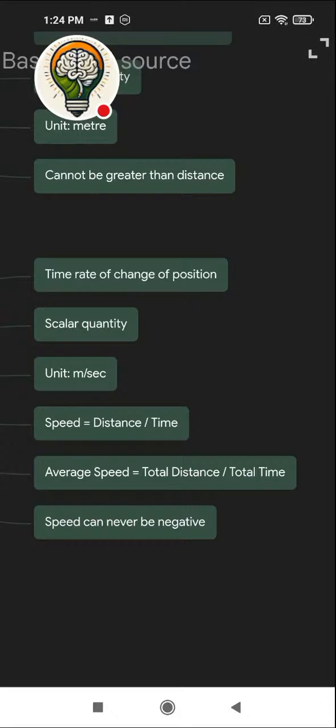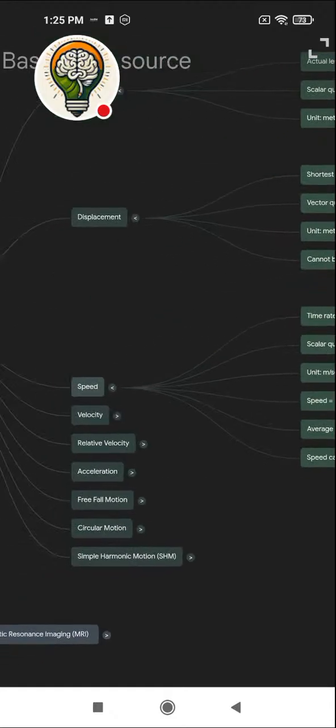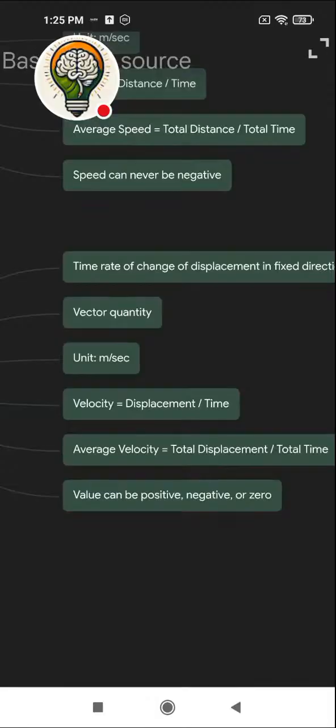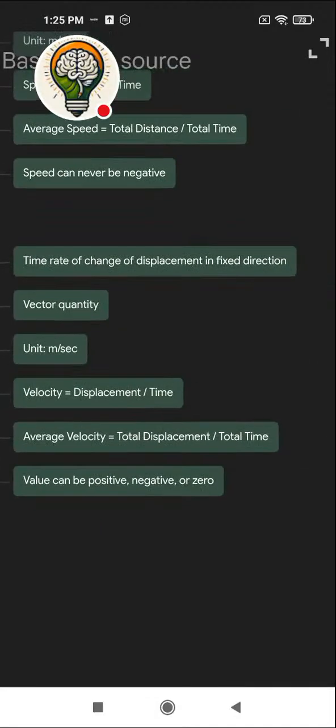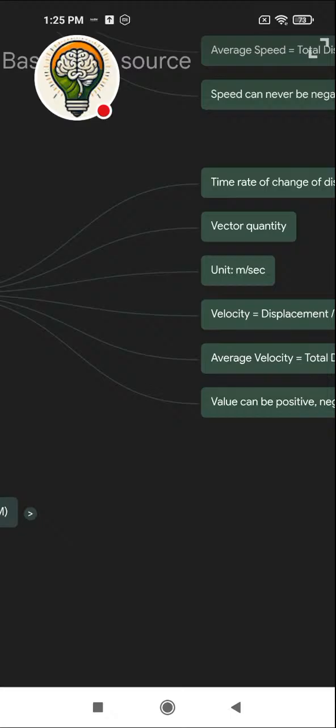Average speed equals total distance by total time, and speed can never be negative. Then the velocity, the rate of change of displacement in a fixed direction, vector quantity, meter per second, and displacement by time, and average velocity equals total displacement by total time. Value can be positive, negative, or zero.